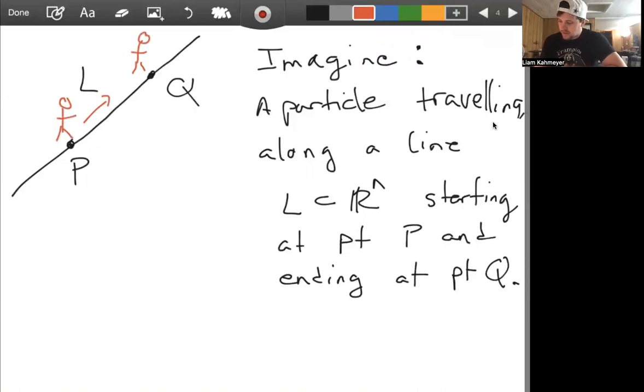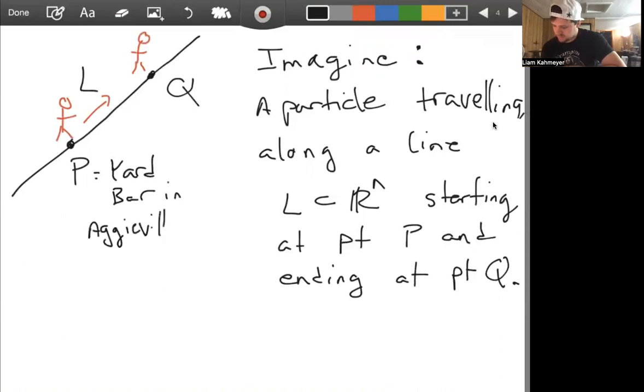If you'd like a better example here, let's say P is Yard Bar in Aggieville, and Q is Jimmy John's right there across the street.